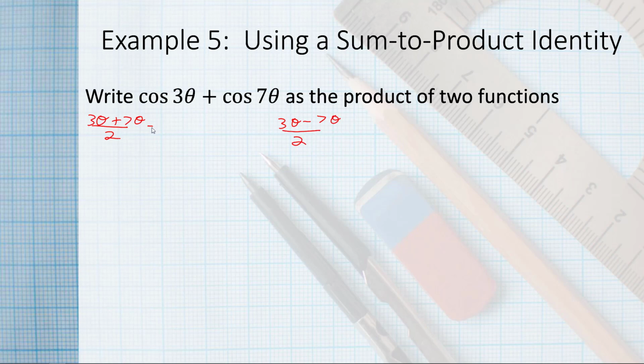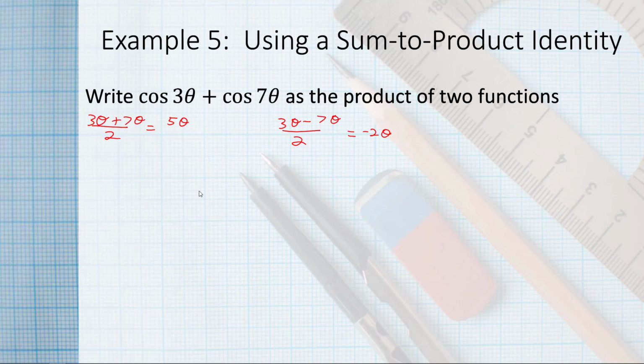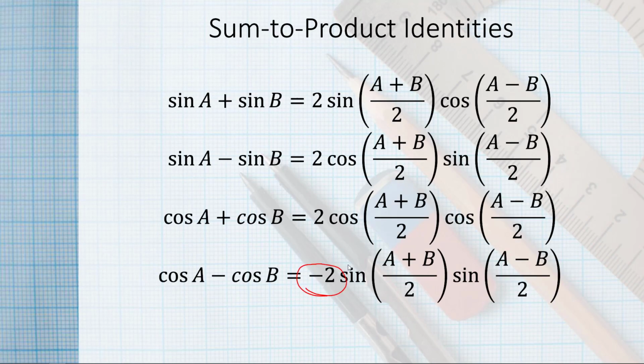And if we do over here, we have 10 theta divided by 2, which is 5 theta. Here we're going to have negative 4 theta over 2, which is negative 2 theta. So that gives us our a plus b over 2 and our a minus b over 2. And then we need to decide which identity we want to use. And chances are, since we are adding two cosines, this is the identity that we want to use.